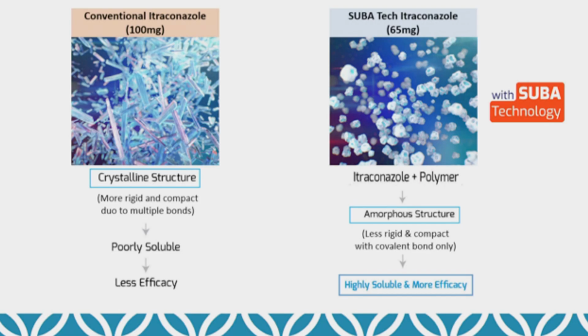Crystalline structure is more rigid and compact due to multiple bonds. In crystalline structure, there are many bonds, so before it gets dissolved, we have to break down those bonds, right? So as we can understand, that will be very strong, and that's why solubility is less. And when we are converting itraconazole with polymer by technologies like spray drying, we are getting the amorphous structure.